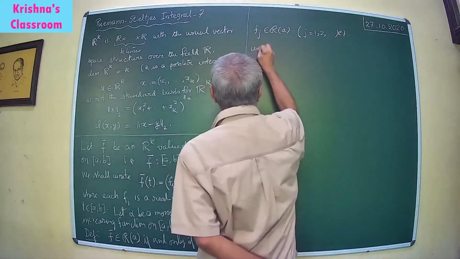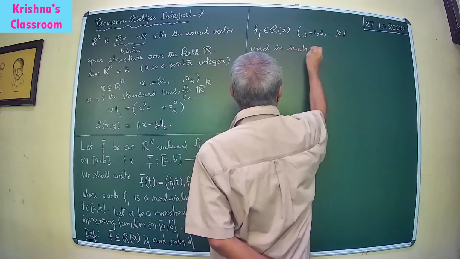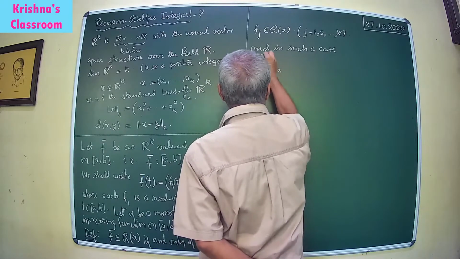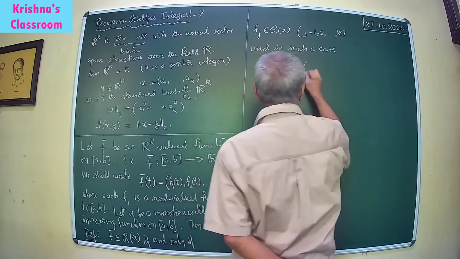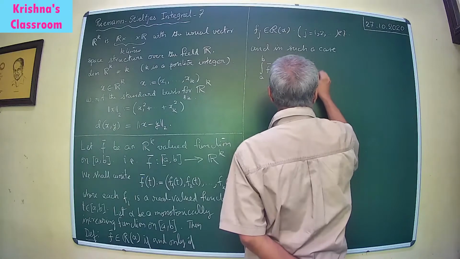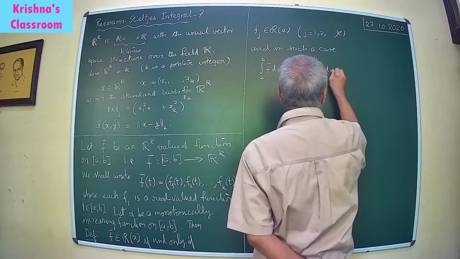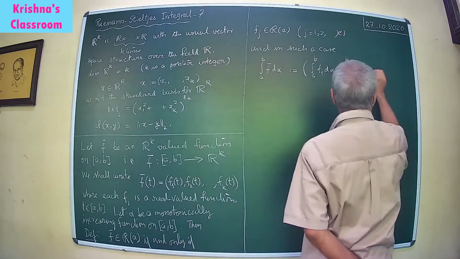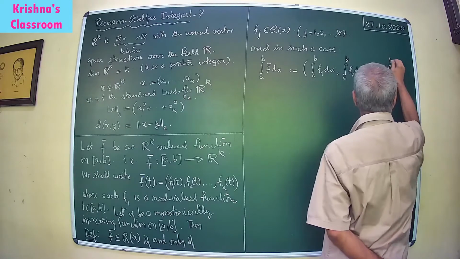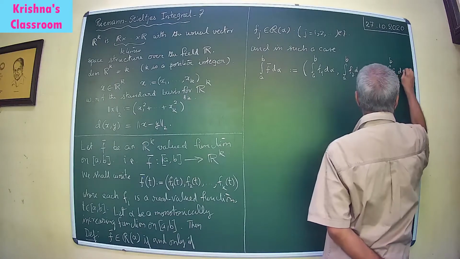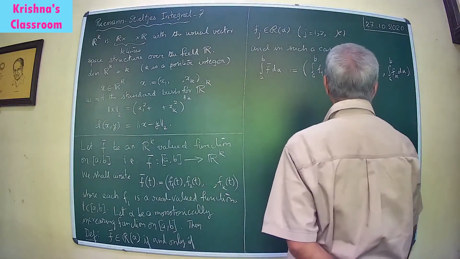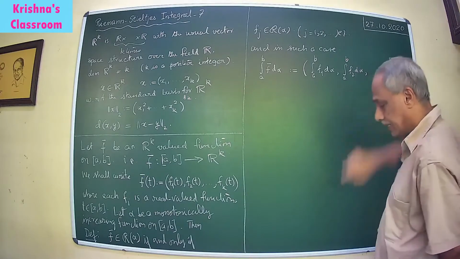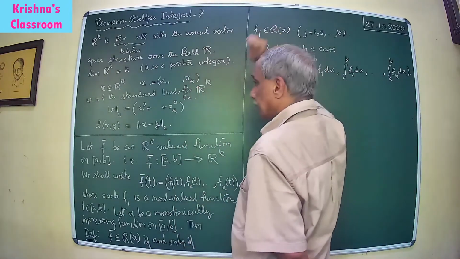And in such a case, the integral is defined as the vector of integrals, because you know that the integral of f1 d alpha, f2 d alpha, etc., integral fk d alpha are all defined, because we are assuming fj belongs to R alpha.